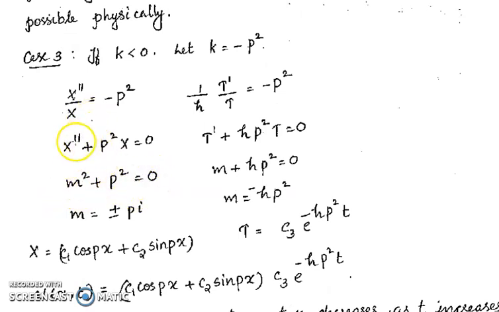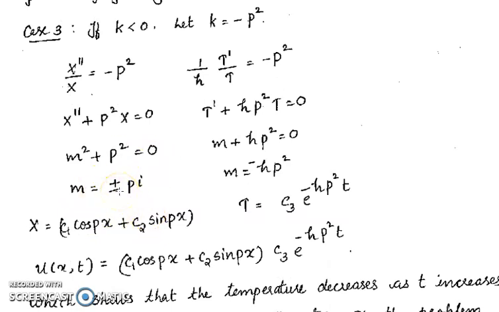That is, here X double dash is d square X divided by dx square, and we take capital D equal to d by dx. Therefore, the auxiliary equation is m square plus p square equal to 0. That is, m square equal to minus p square. Therefore, m equal to plus or minus pi.